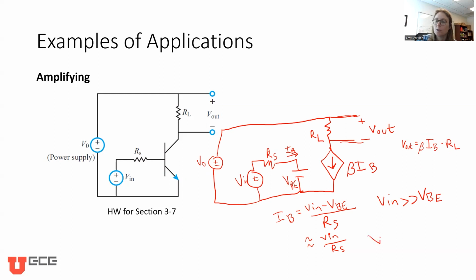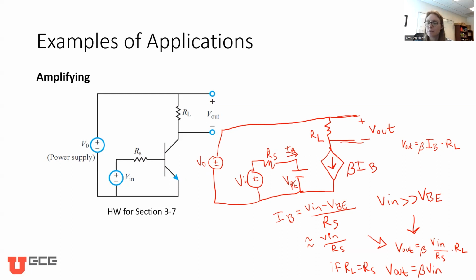If I combine both of these equations together, then I get that V out is equal to beta VIN over RS times RL. So if we assume RL and RS are the same, then we can simplify this to V out is equal to beta VIN. And beta is usually somewhere between like 50 and 1,000. So we're having a pretty large increase in voltage caused by the amplifying of the current.